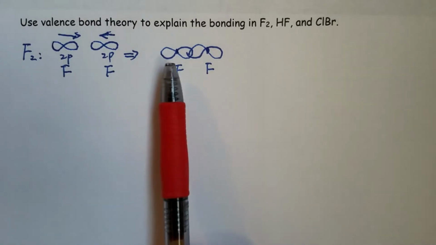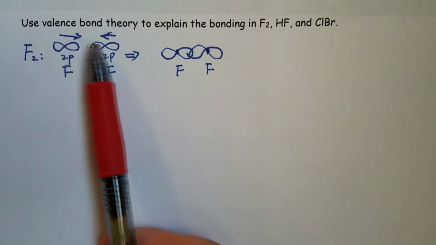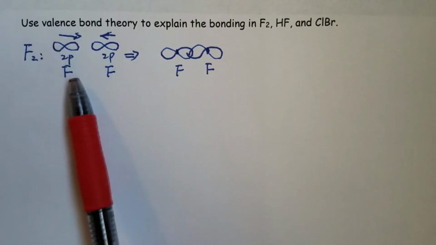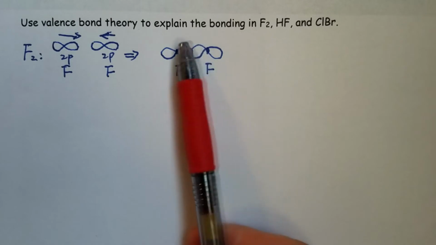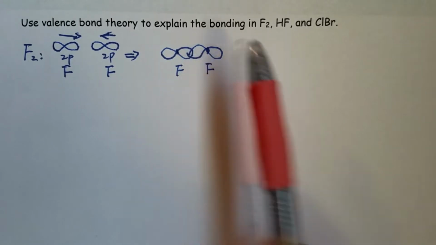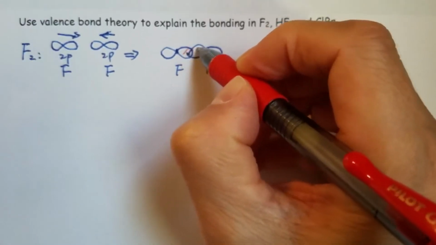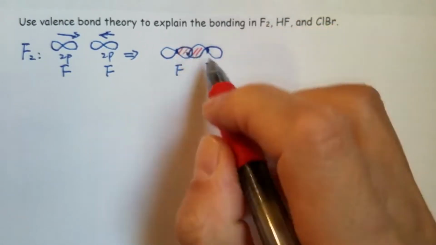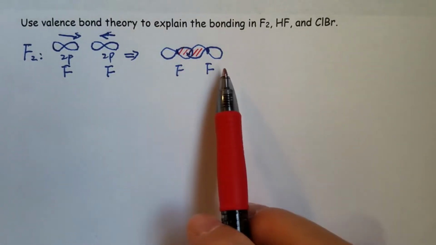After they get close enough, you see the 2p orbitals from each of the fluorine atoms overlap. So then there is a pair of electrons shared by both fluorine atoms.